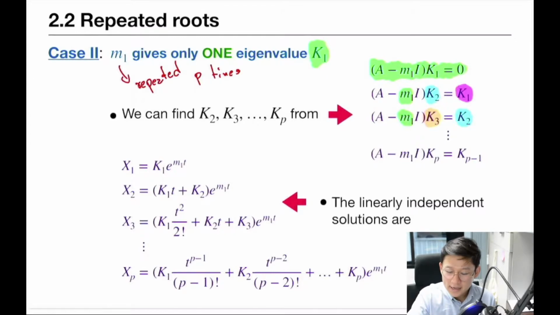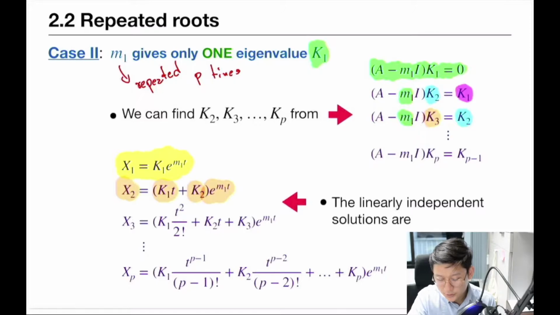The first solution is x1 equals k1 e to the m1 t, and that is the same as the previous section, right? And the second solution is a little bit different. It's not k2 e to the m1 t. No, it's k1 t plus k2, and then e to the m1 t.